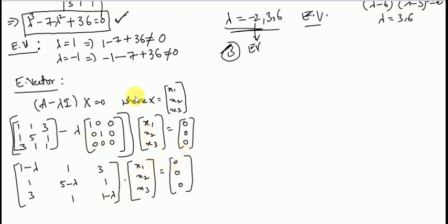Now we have 3 lambda values, and we need to substitute and simplify to get the eigenvectors. This is the basic equation to find the eigenvector.